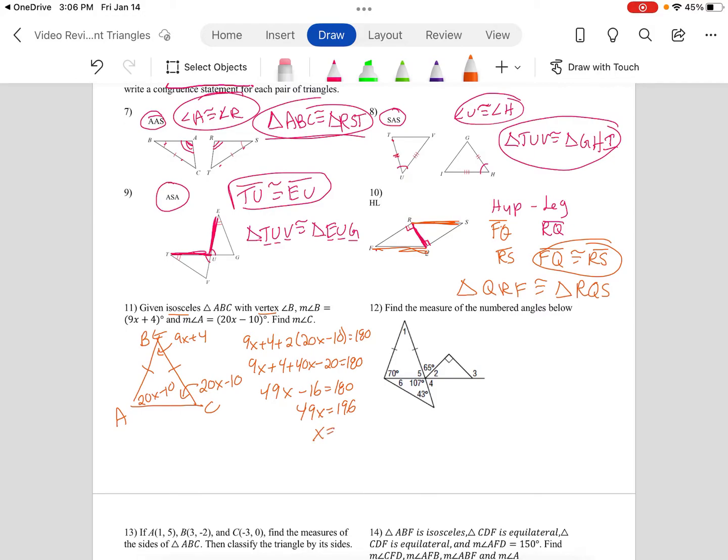X is equal to 4. It says find the measure of angle C. So the measure of angle C is going to be 20 times 4 minus 10, which is going to be 70 degrees.